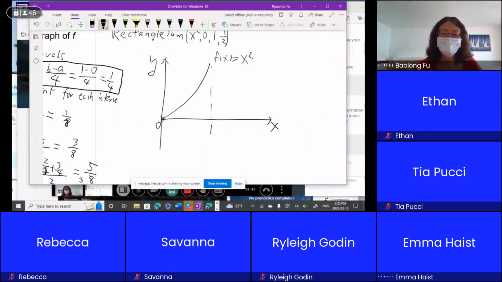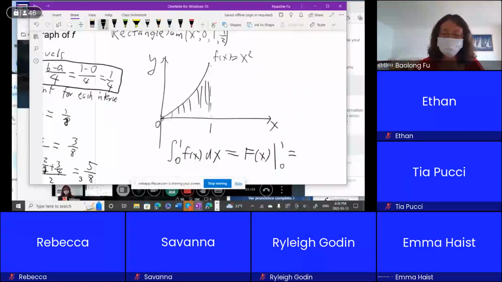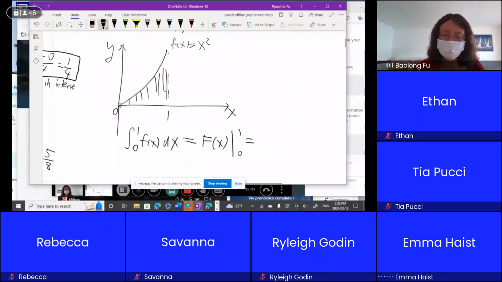If you want to find the exact value of this area, you use the definite integral from 0 to 1 of small f(x) dx. It is actually capital F(x) evaluated from 0 to 1, which equals capital F(1) minus capital F(0).